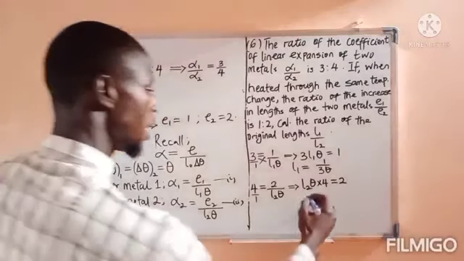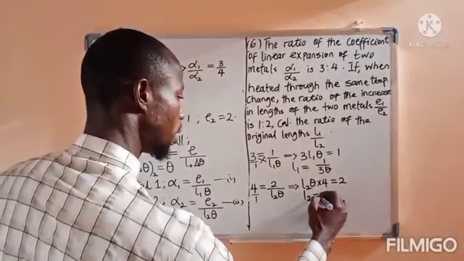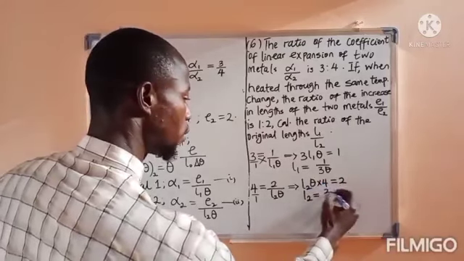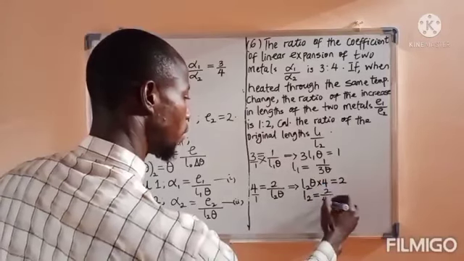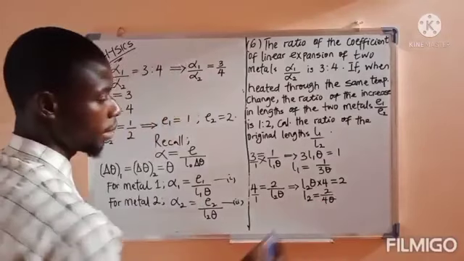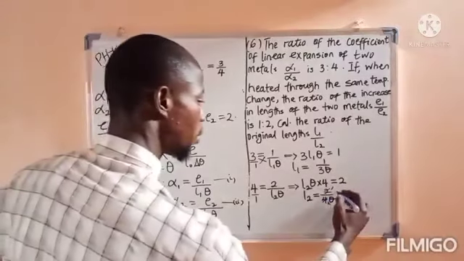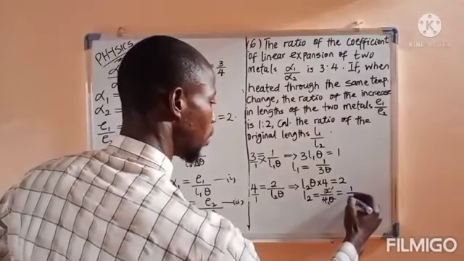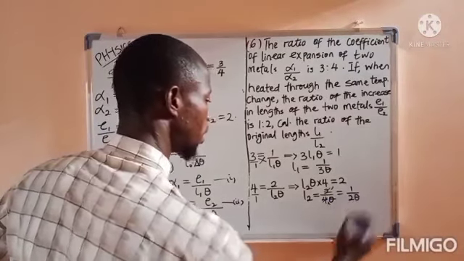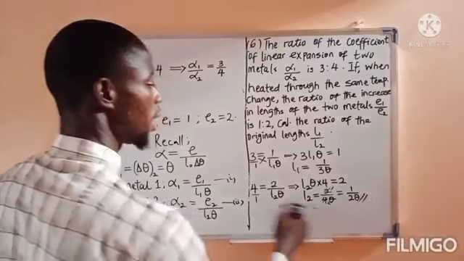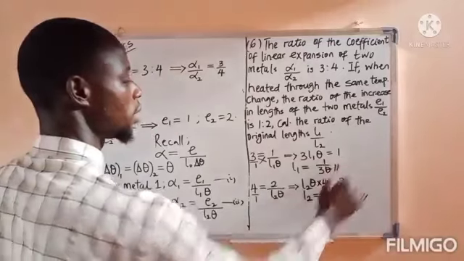In that case, I have L2 is equal to what? Divide both sides by 4 theta. I'm going to have 2 all over 4 theta. By the time 2 here, 1, 2 here, 2, that will give us 1 all over what? 2 theta. So I have my L2 is equal to this, and I have my L1 is equal to this.